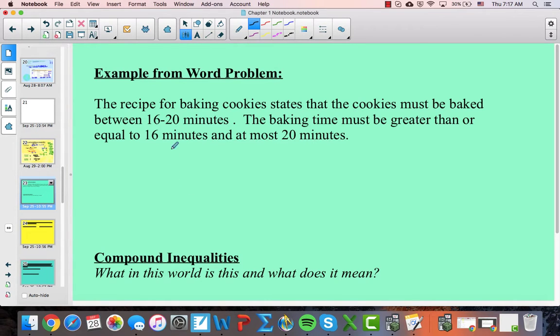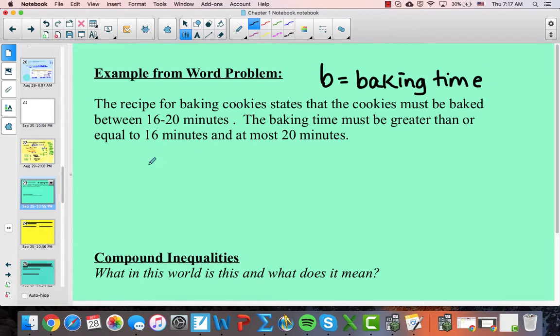All right, so how are we going to use this? Let's talk about this. The recipe for baking cookies states the cookies must be baked between 16 and 20 minutes. The baking time must be greater than or equal to 16 minutes and at most 20 minutes. So I'm going to let B equal baking time. Again, it's a word problem, so we need to set our variables.